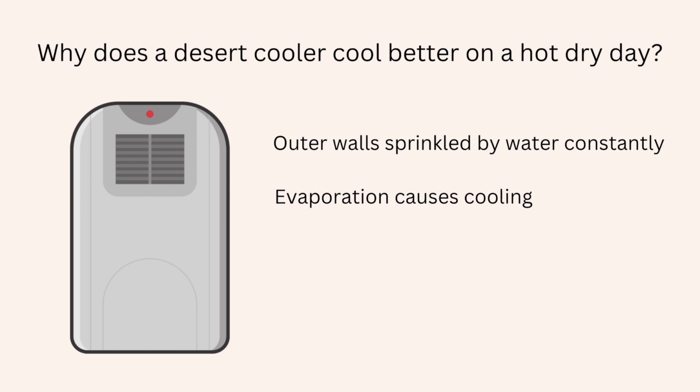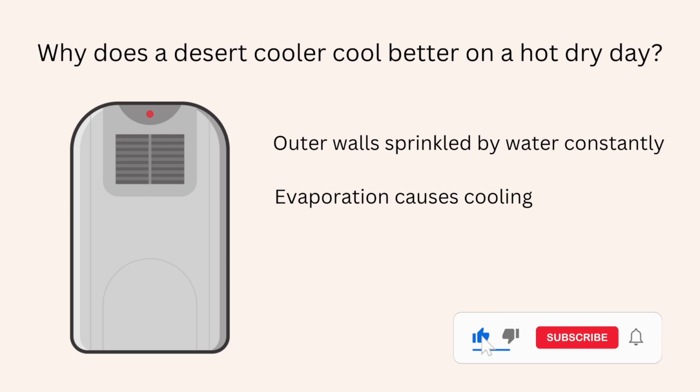It does this itself. Since it sprinkles water, at the back side of the desert cooler, you would have probably seen there is a brown color mesh, which is quite moist for the most part. So it sprinkles water there, and that water evaporates. It gains energy from the atmosphere and it evaporates.